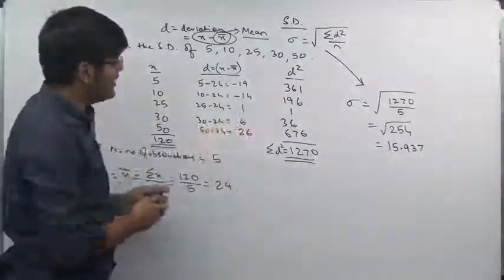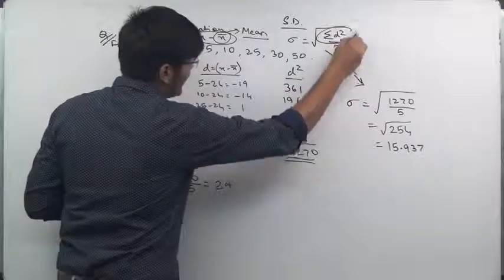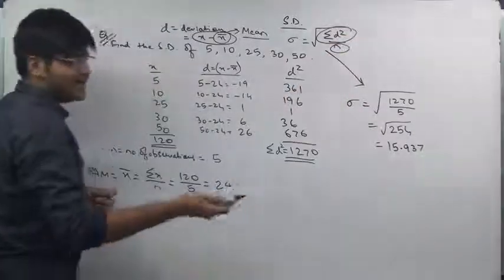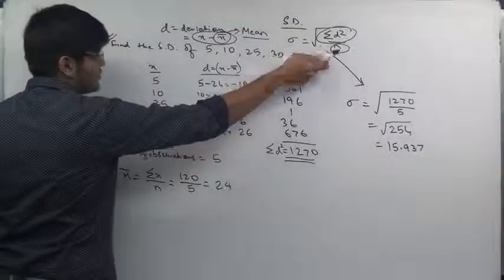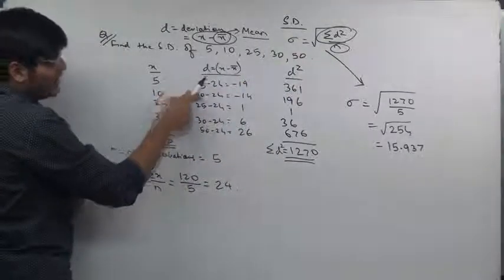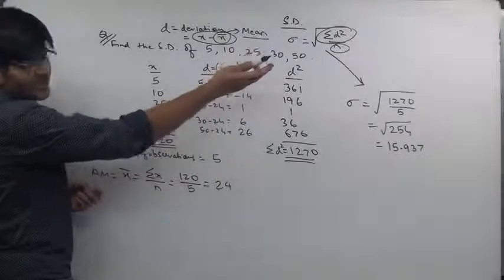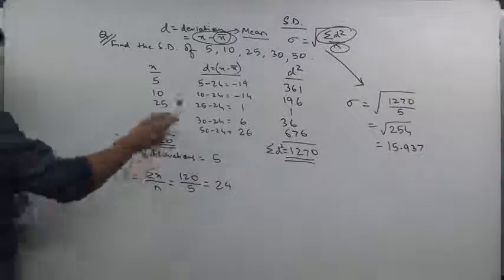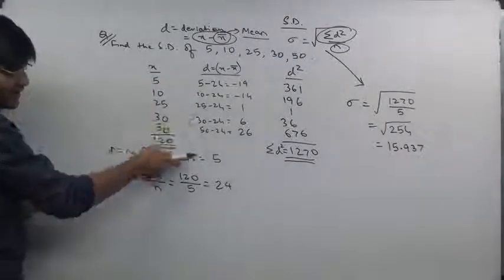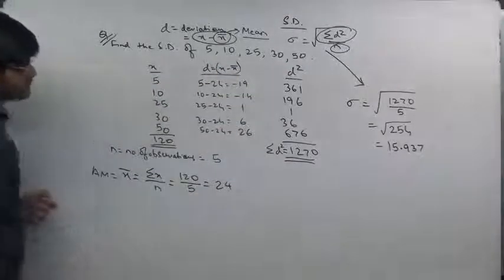Here what we need is summation d square and the small n, nothing else. Small n is 5. For summation d square, first you need to find d, but did they ask for a summation d? No, so you don't need to total this, it's useless. So first find d, then d square.